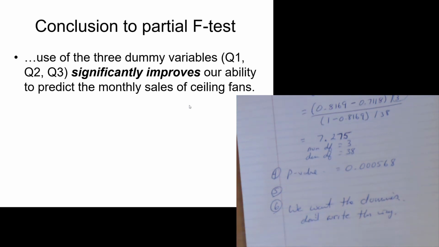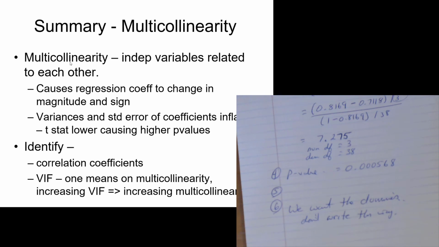Right? Okay. And so there's your partial F test. Very nice. Little quick summary here. Multicollinearity, remember, that's when those independent variables are related to each other. Really makes a mess of our regression coefficients. Screws around with the variances and the standard errors of those coefficients such that perhaps we are not rejecting H0 where we should be, i.e. we're saying that a variable or a coefficient is not significant when in fact it is. Very problematic.